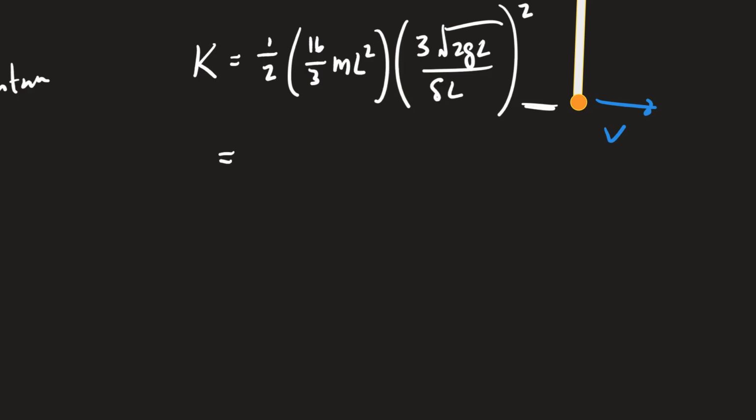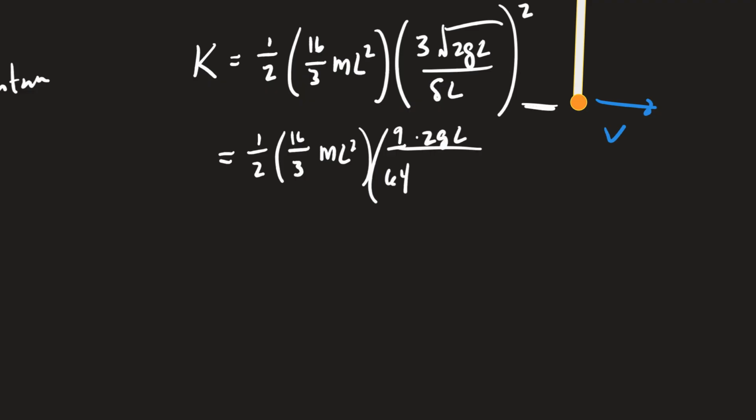So I'm going to write it a second time with the square being completed. 3 squared is 9 times 2gL. 8 squared is 64 times L squared. All right, everybody see all those things? All right, this is arithmetic, or maybe you think it's algebra.